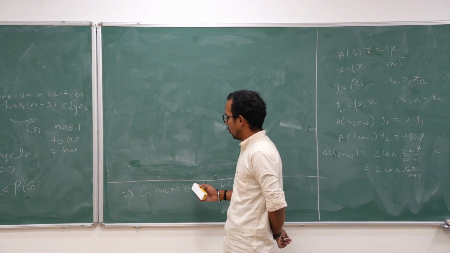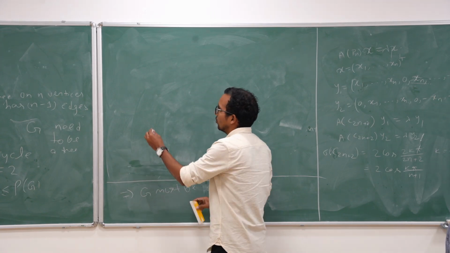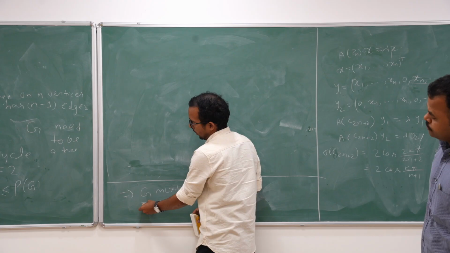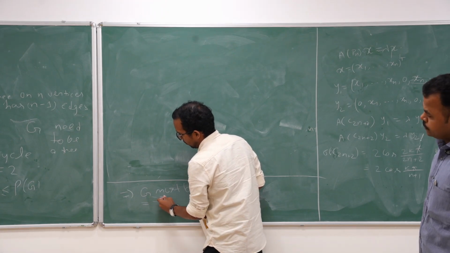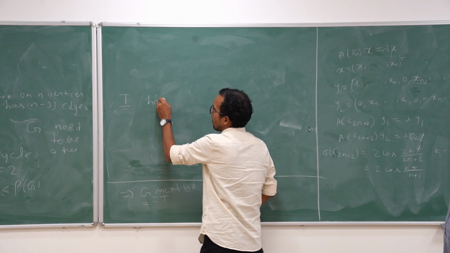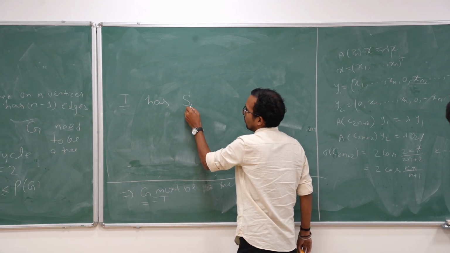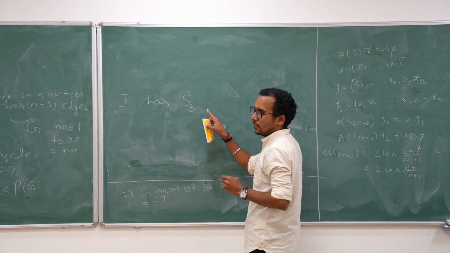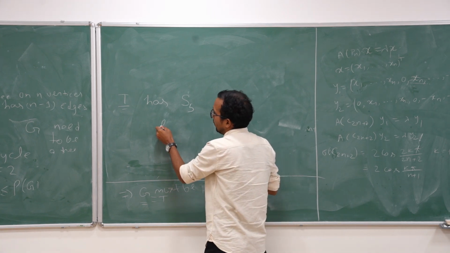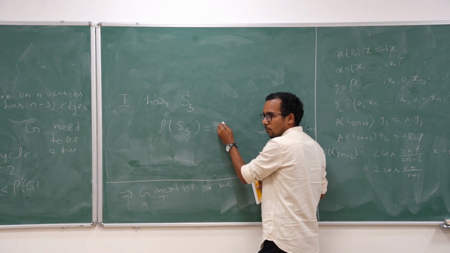Now we want to show that the tree must be a path graph. First thing I am going to show: considering G as T, if this tree has the star graph of order 5 as an induced subgraph, then we know that the spectral radius of S5 is 2.